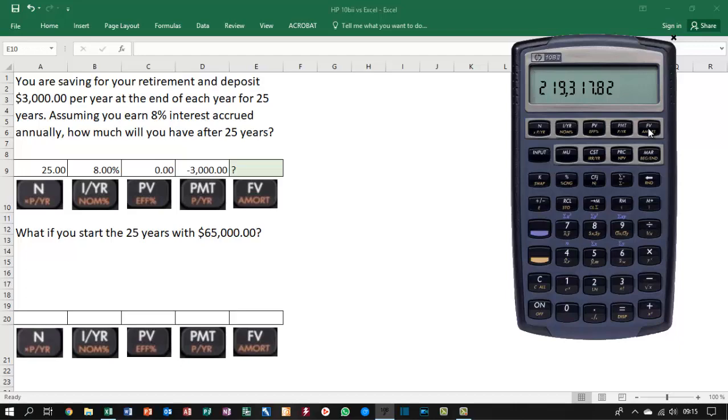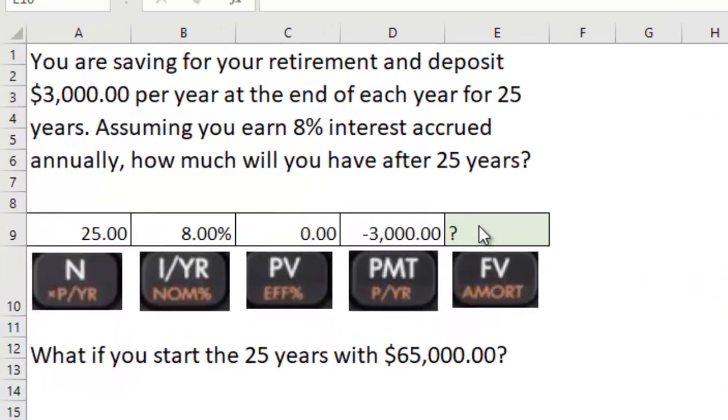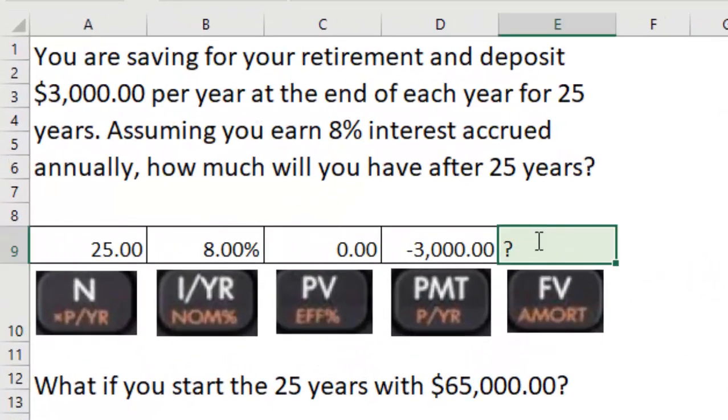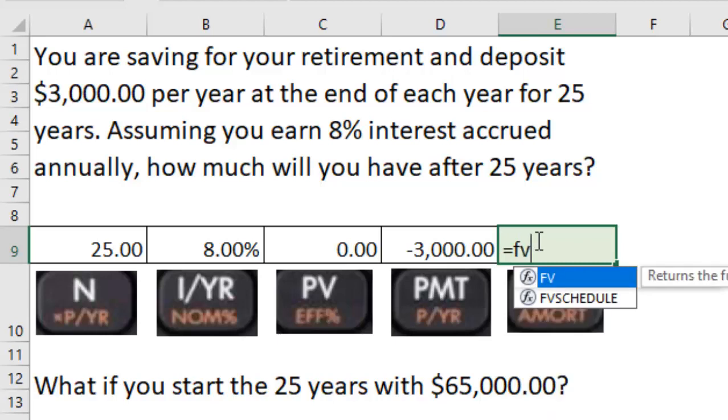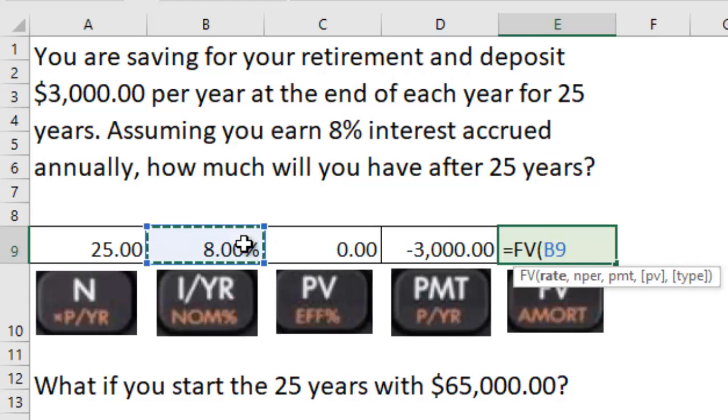$219,317.82. Let us see if we come to the same answer in Excel. Equals, remember our formula is FV. What is our rate? 8%. How many periods? 25. What is our payment? Negative 3,000.